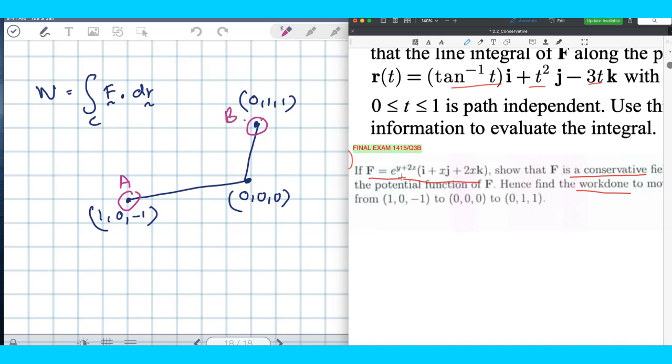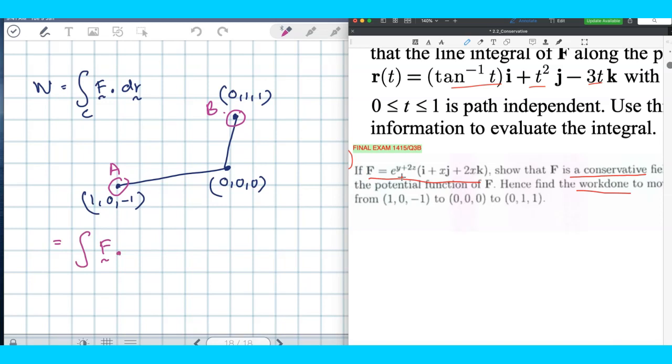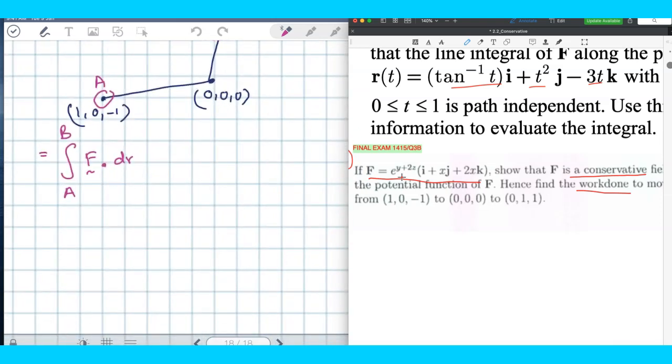So it looks like you can evaluate the work done using the fundamental theorem for line integrals from point A to point B. It is a shortcut way.